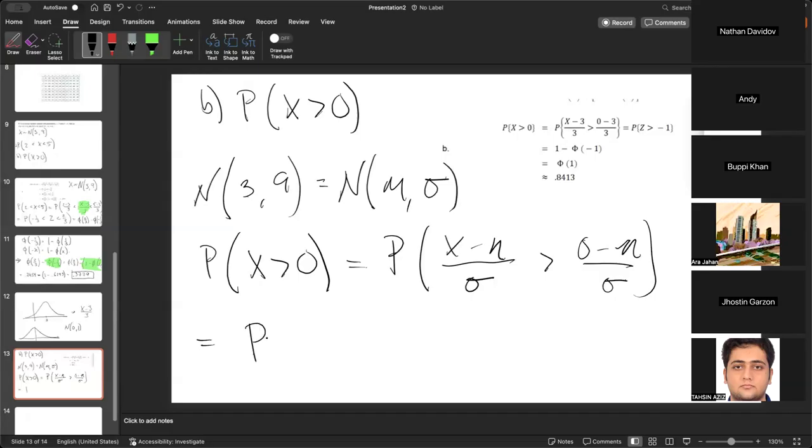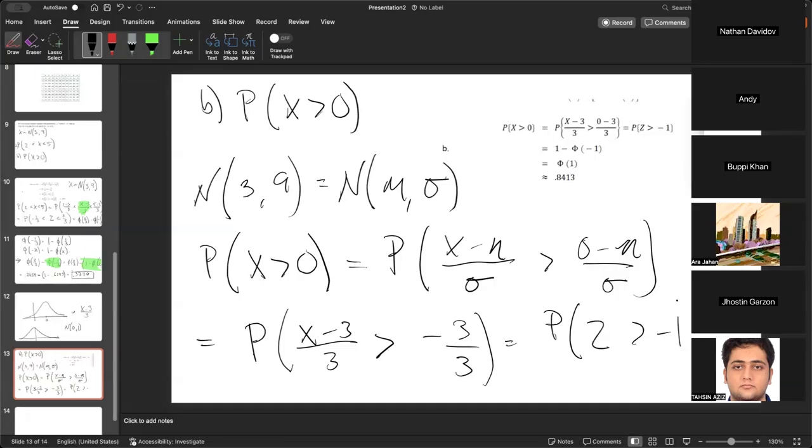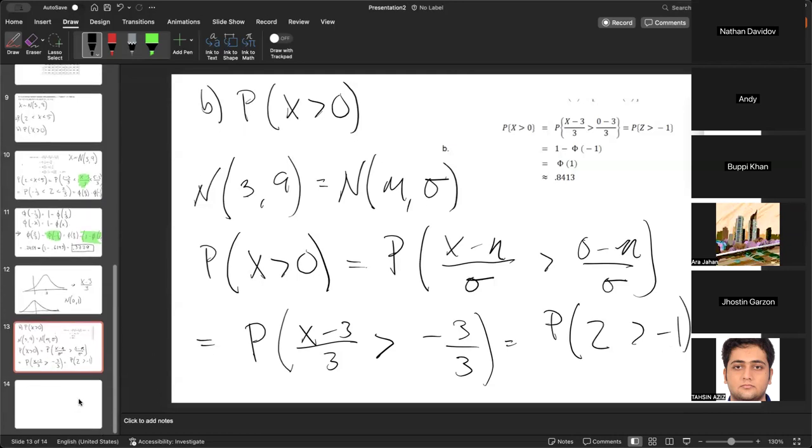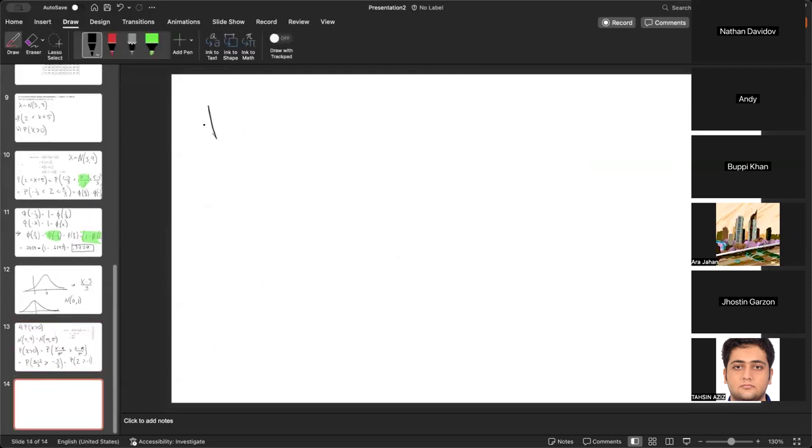When I plug the numbers in, it's x minus 3 over 3 is greater than negative 3 over 3. This is the probability that z is greater than minus 1. I know how to do P of z greater than minus 1.